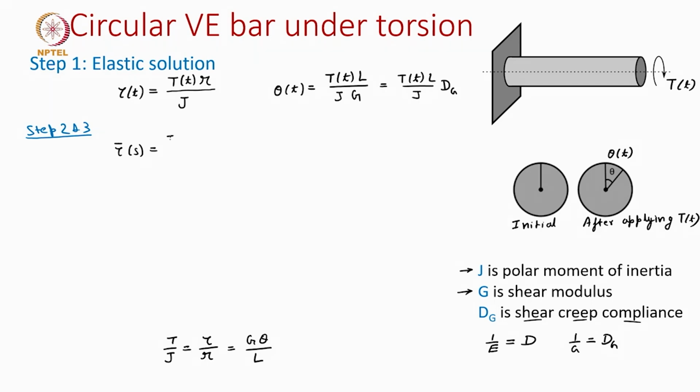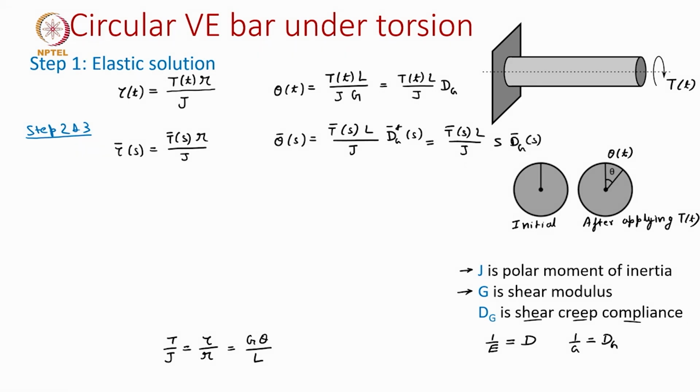Tau of s is T of s times r by J, and for theta of s it is T of s L by J, where J is the polar moment of inertia, which is again a constant, but D, which is a material or elastic property, is now a function of time. So, we replace it with D star of s. So, we can replace this D star again as T of s L by J times s times D of s.